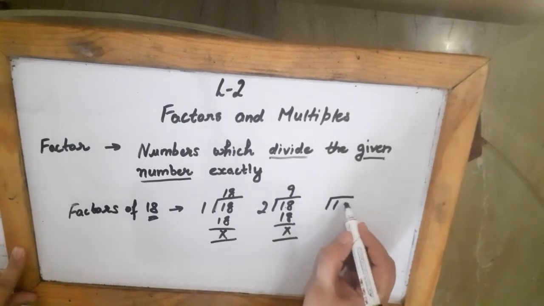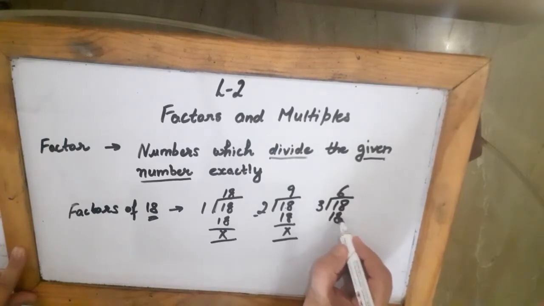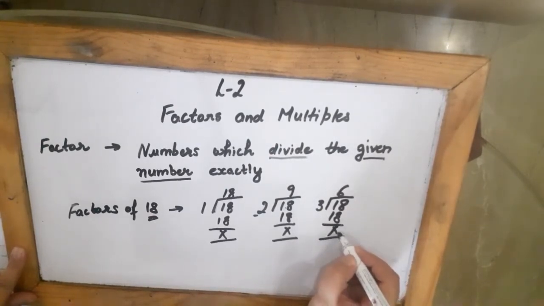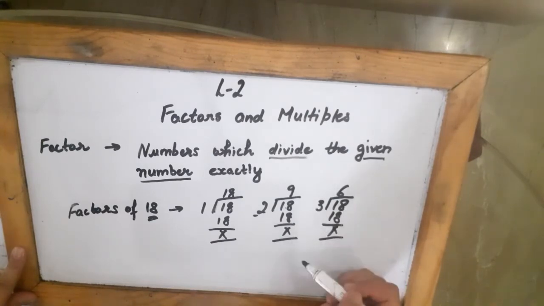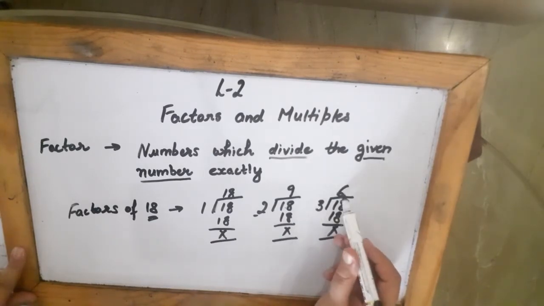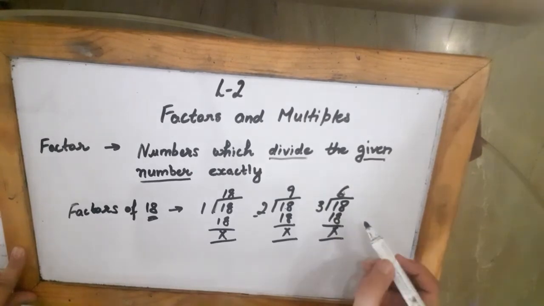Now after 2, if I take 3, 3 6s are 18, right? So no remainder is left. It means 3 also divides 18 exactly. So 3 6s are 18, or 6 3s are 18. So both these divide 18 exactly.